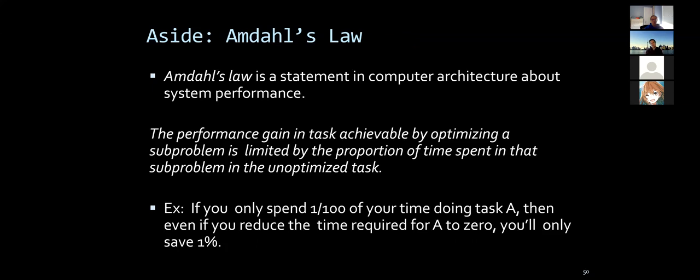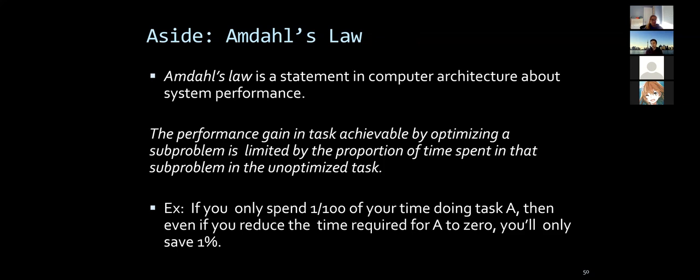It's a statement in computer architecture about system performance: the performance gain achievable in a task by optimizing a subproblem is limited by the proportion of time spent in that subproblem in the unoptimized task. So if I had a piece that was only 20% of an unoptimized task, even if I make it 100x faster, I cannot speed up my application by more than 20%, right?